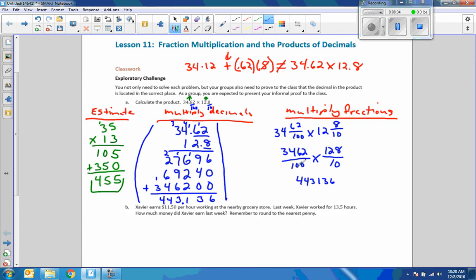And then 100 times 10 is 1,000, which tells me to move the decimal 3 places. So I move this 1, 2, 3, and that's going to give me 443.136. So this answer should match this answer, and it should be close to our estimate.